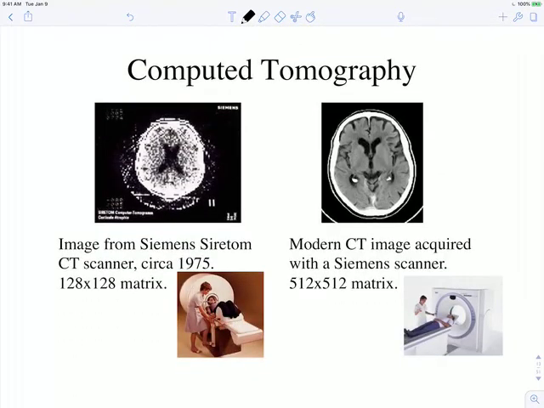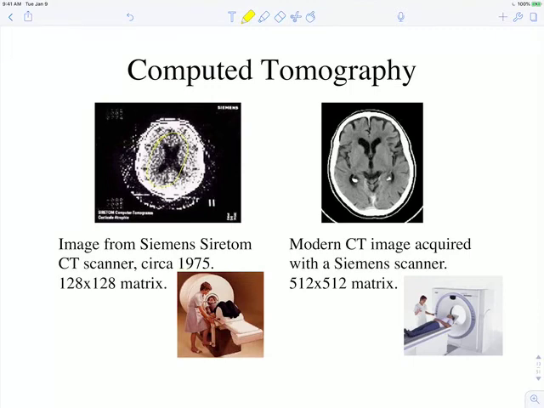So this is an example of one of the first 1975 commercial images. It's actually pretty remarkable. This is an axial slice through a human brain. You can see there is a brain, and this dark area here is your cerebral spinal fluid, your ventricles in your brain.